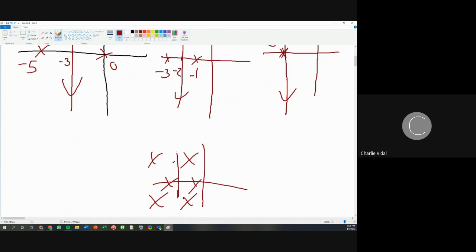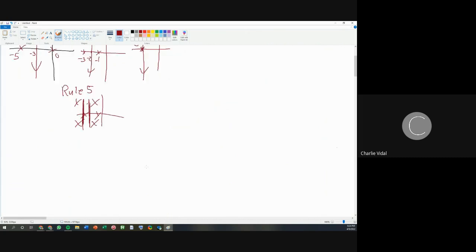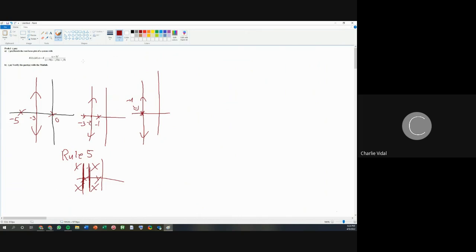Like if it goes straight up and down over here, or if it goes straight up and down over here, right? It could be in a bunch of places. So that's where you would use rule number 5. But we don't have to do that. It wasn't on the practice quiz, so I'm just gonna save rule number 5 for the end of the video.